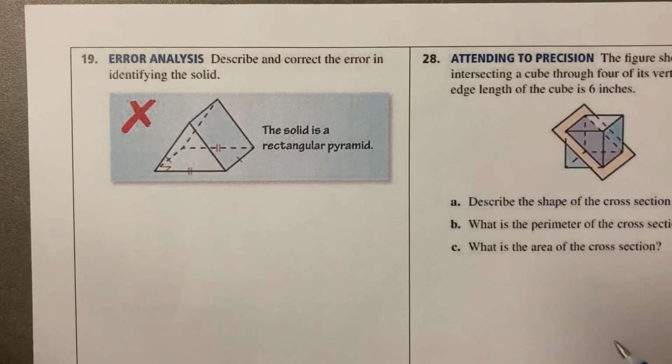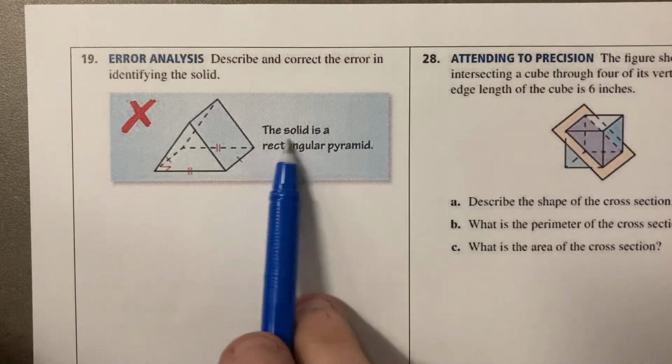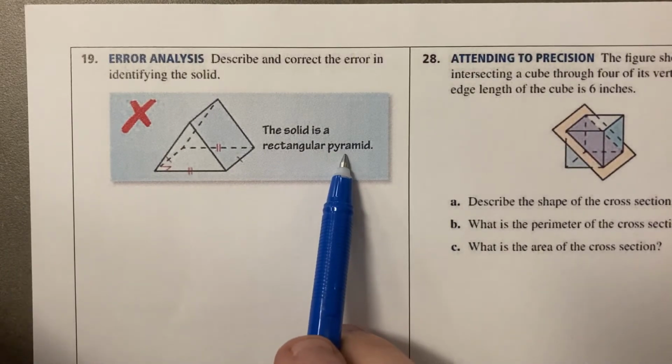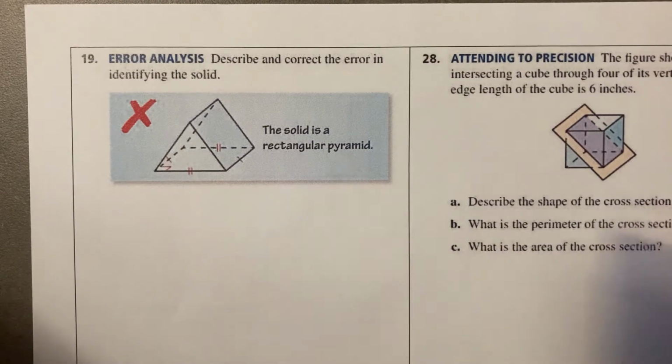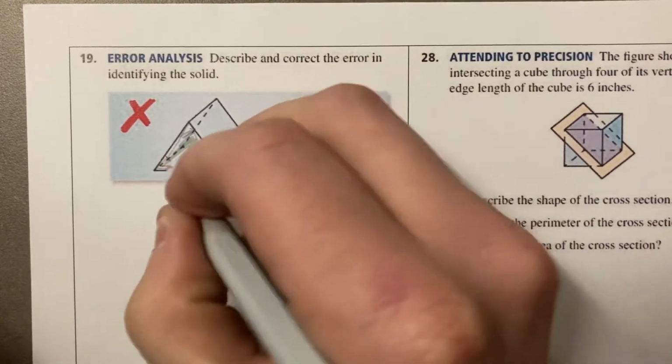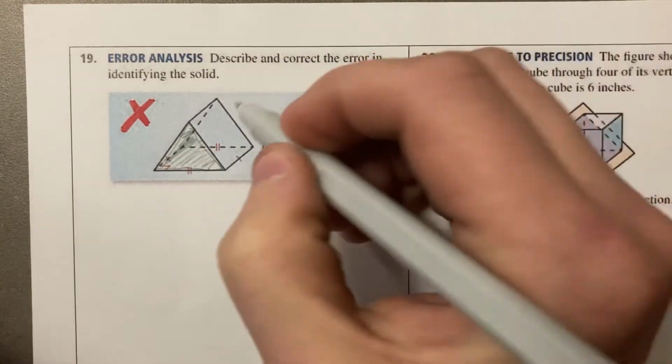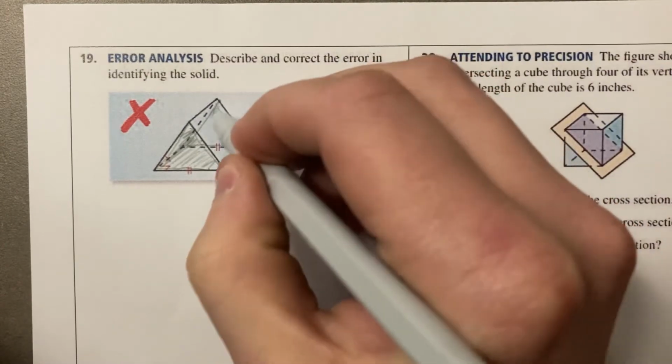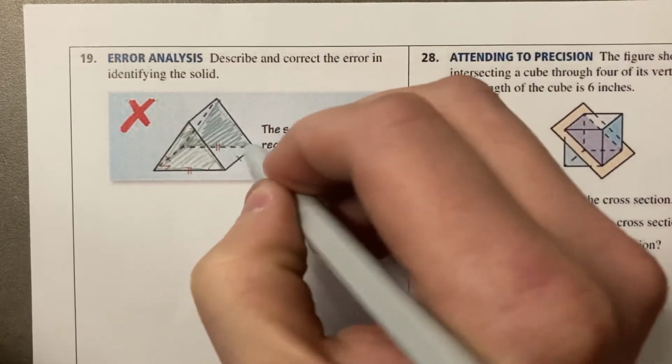Describe and correct the error. They said this was a pyramid, and oh my goodness, it's so common that they make that mistake. This is not a pyramid. This is a triangular prism. This is a base, and this is a base. Base does not have to be on the bottom.